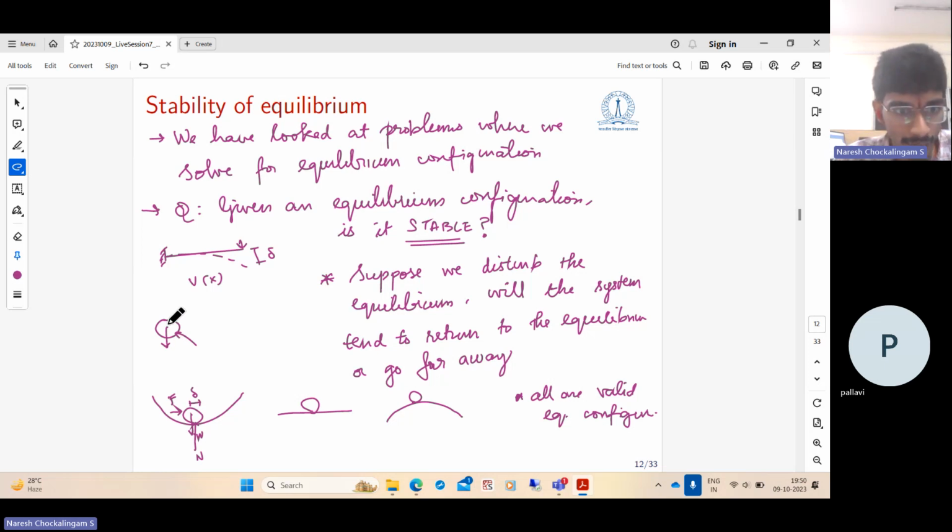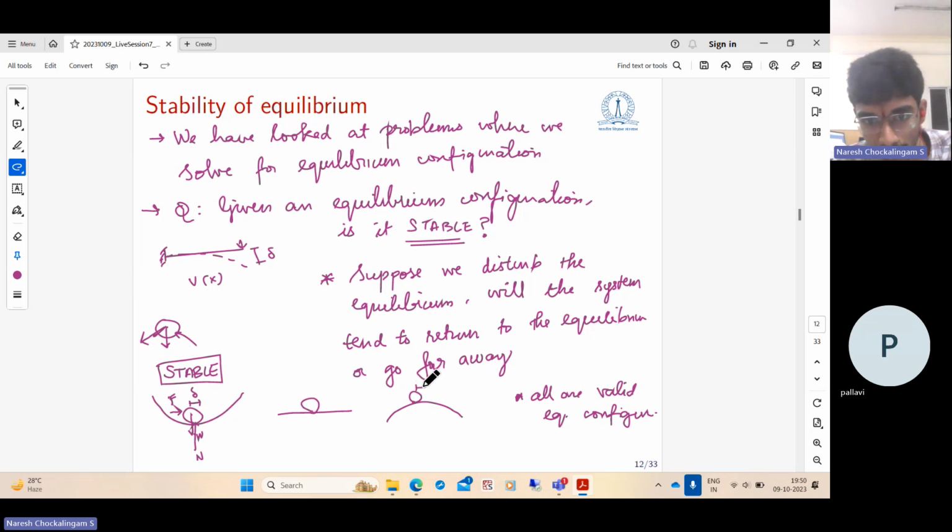There is a resultant unbalanced force in this direction. Therefore, there will be a net acceleration towards this. But what will that acceleration do? That acceleration is trying to bring the ball back to its equilibrium configuration. So this is a case when it is stable. If the imbalance in the forces results in an acceleration that brings the system back to its equilibrium configuration, then it is stable. What happens here?